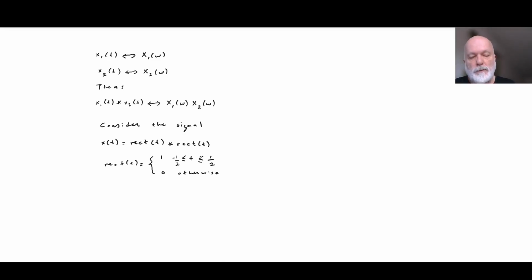Okay, so how do we calculate the convolution of the rectangular pulse rect t with itself? x of t is in fact the convolution integral from -infinity to +infinity of rect of tau rect of t minus tau, integrated with respect to tau.